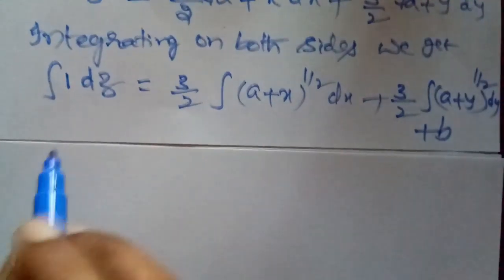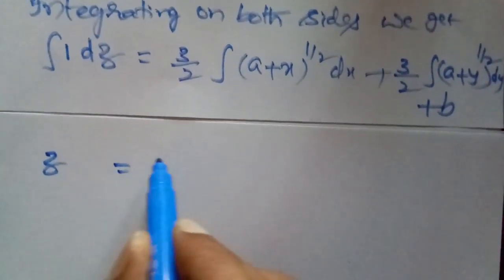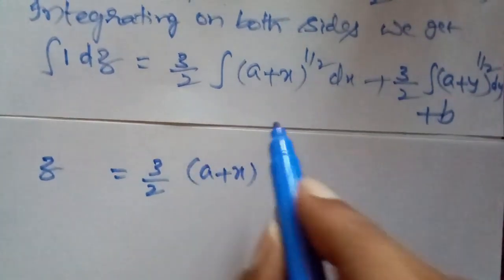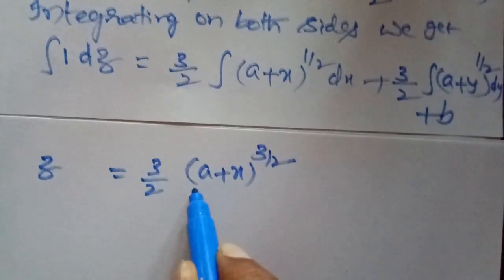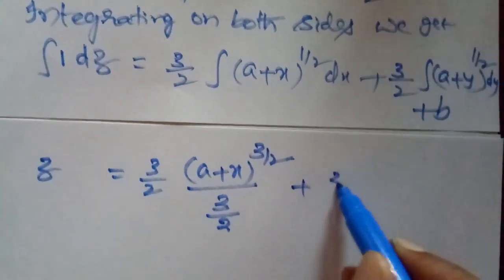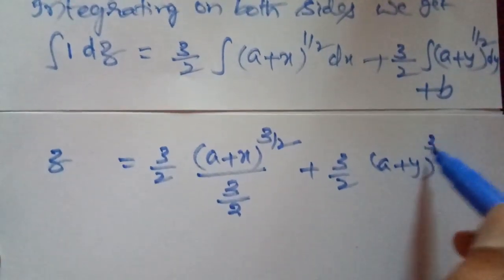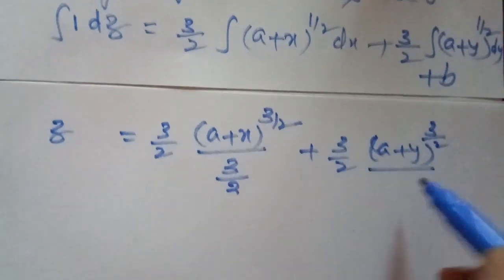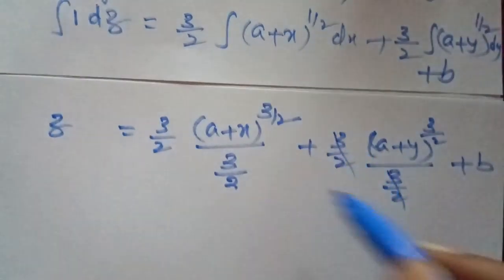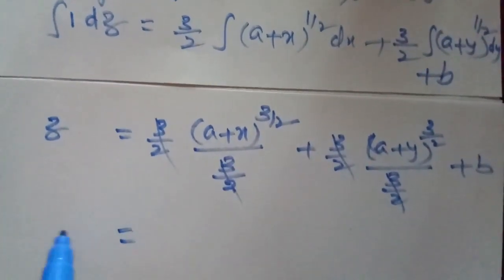Integration of 1 with respect to z is z, equal to 3 by 2 into a plus x whole to the power of 1 by 2 plus 1, that is 3 by 2, divided by 3 by 2, plus 3 by 2 into a plus y whole to the power of 1 by 2 plus 1, that is 3 by 2, divided by 3 by 2, plus constant of integration. The 3 by 2 factors get cancelled.